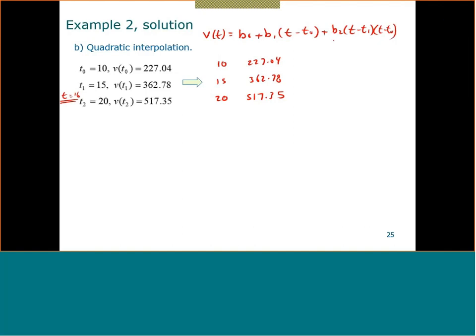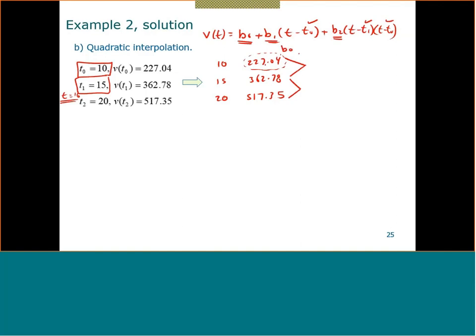Now, this is your t0 and this is your t1. I already know these, so what is left is b0, b1, and b2. I will find them from the configuration here. This value is your b0.